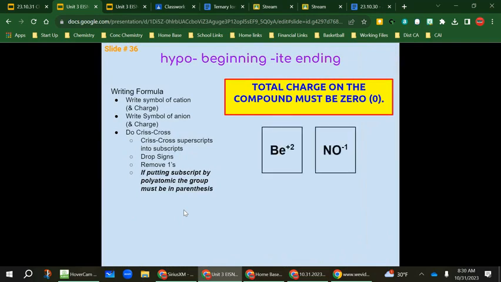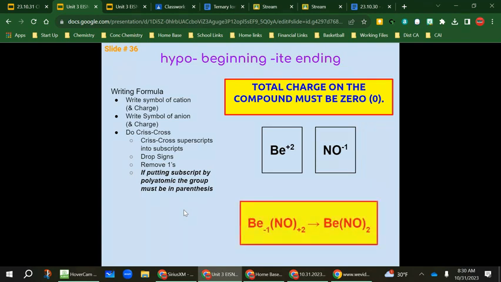Still need a charge of 0. Okay? Still need a charge of 0. So we are still going to do our crisscross method. By the way, even though there's no number by the NO, what do I do if I want to put a subscript by this group? Still put it in parentheses. We still need to put it in parentheses.